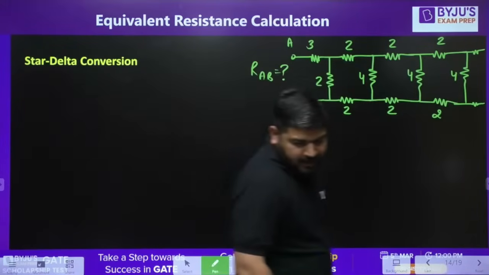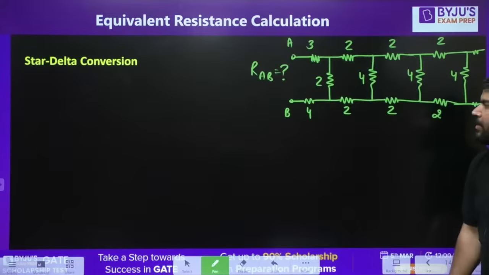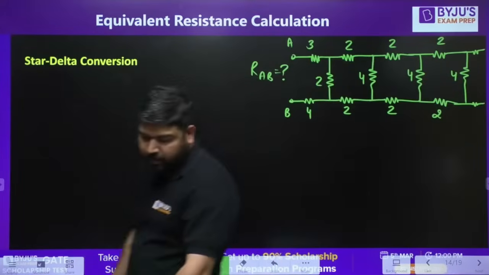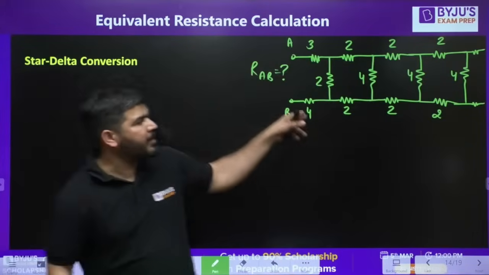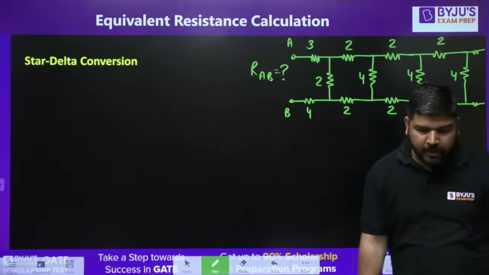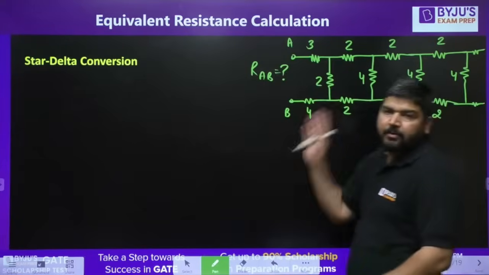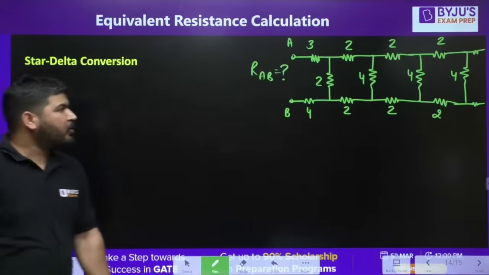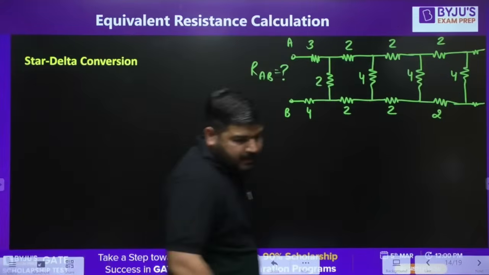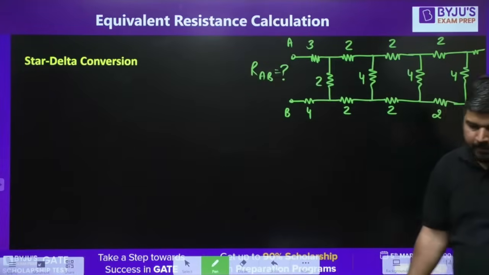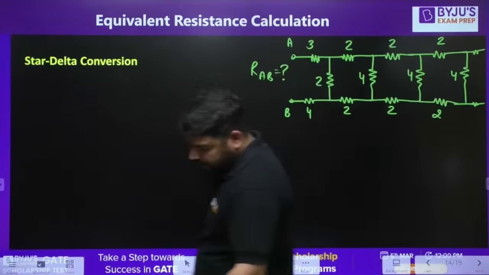Now, here the things are repetitive, but you have to be careful. At starting, they are not repetitive, but after that, it is repetitive. So while calculating the equivalent resistance, you have to be careful. Tell me guys, how to calculate this?